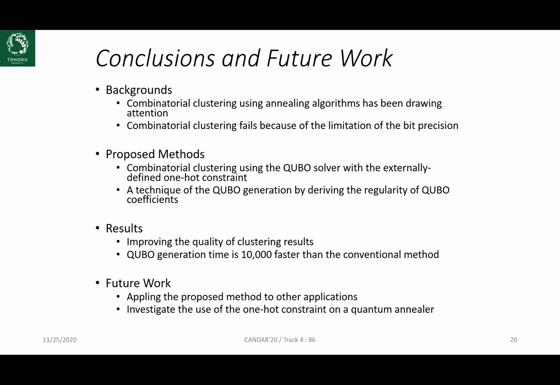The evaluation results show that the proposed method can improve the quality of clustering results compared with conventional clustering methods such as k-means. In addition, the proposed method shows 10,000 times faster execution of the QUBO generation than the conventional technique.